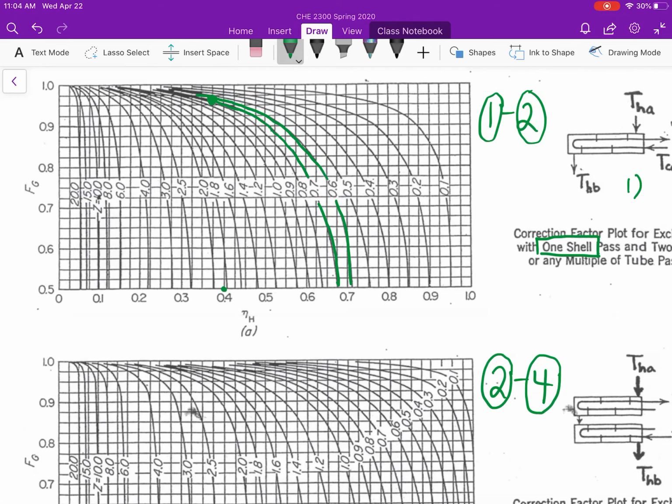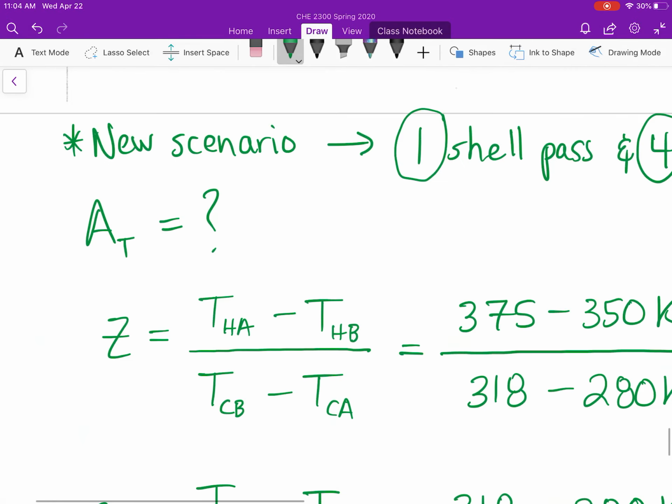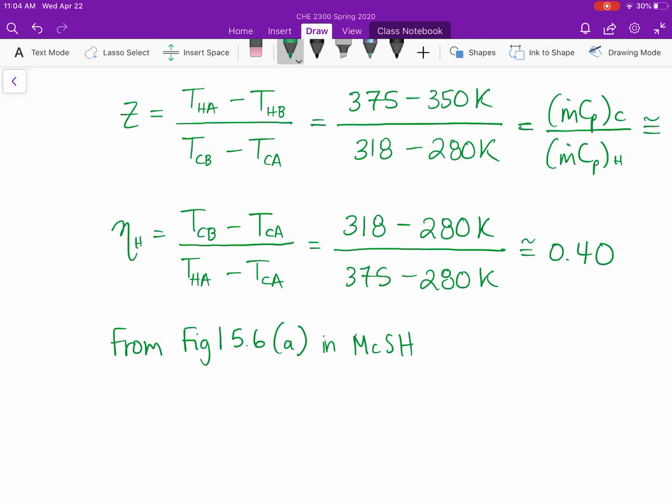They converge somewhere around 0.96 for our correction factor. So let me come back down to our problem. From figure 15.6a in your textbook, McCabe, Smith, and Harriott, our correction factor is approximately 0.96.